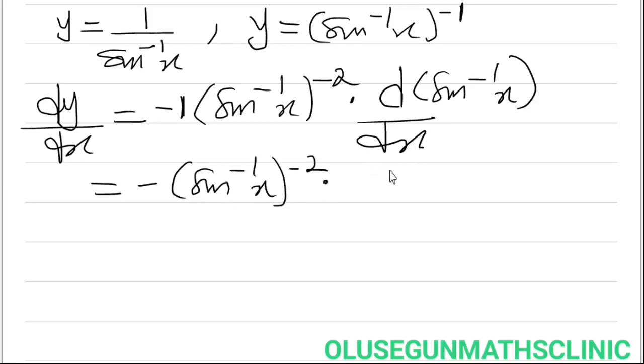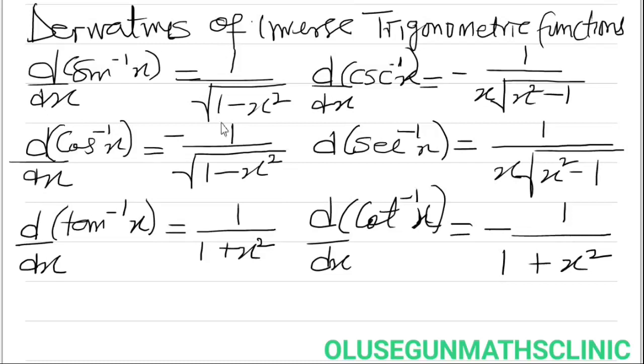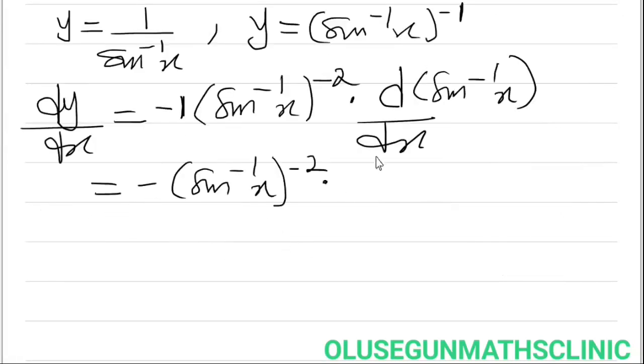So you have to go back to the derivative of arc sine. You see it from here. It is 1 over the square root of 1 minus x squared. So just rewrite it in that form, 1 over the square root of 1 minus x squared.